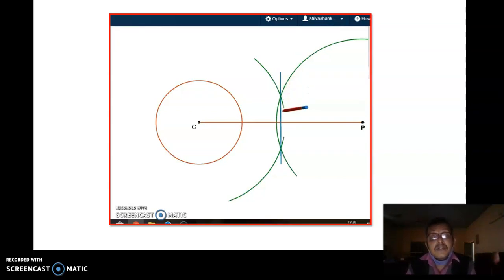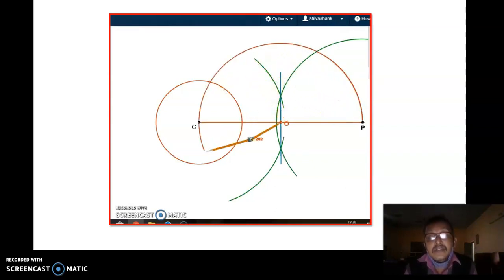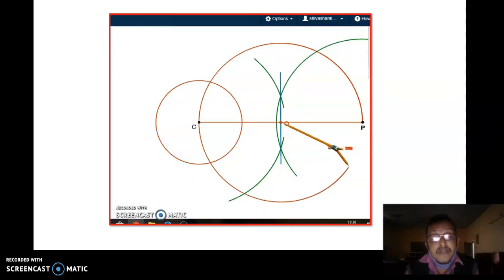Now from O, draw a circle passing through C and P, with radius OP. Now I am drawing a circle like this. Now this big circle cuts the given circle at 2 points. Say one point is A and another point is B. Now join PA and PB.